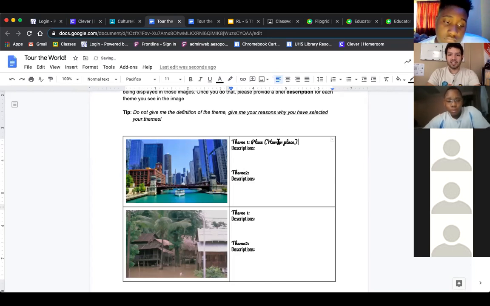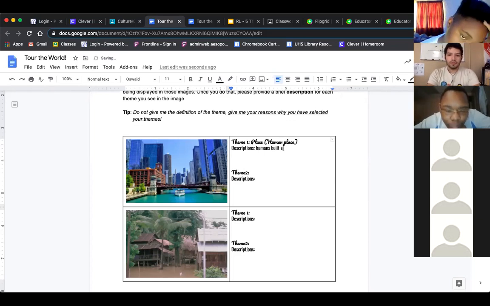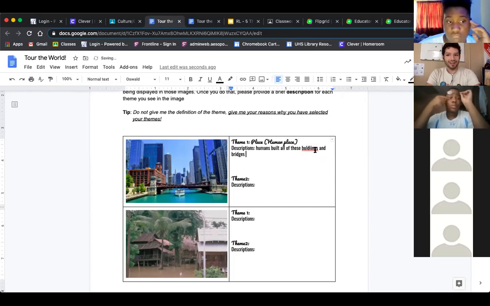You could change the font if you want once you start working. Place, my description is because humans built all of these buildings, and you can't use this answer anymore, because I'm writing it now.